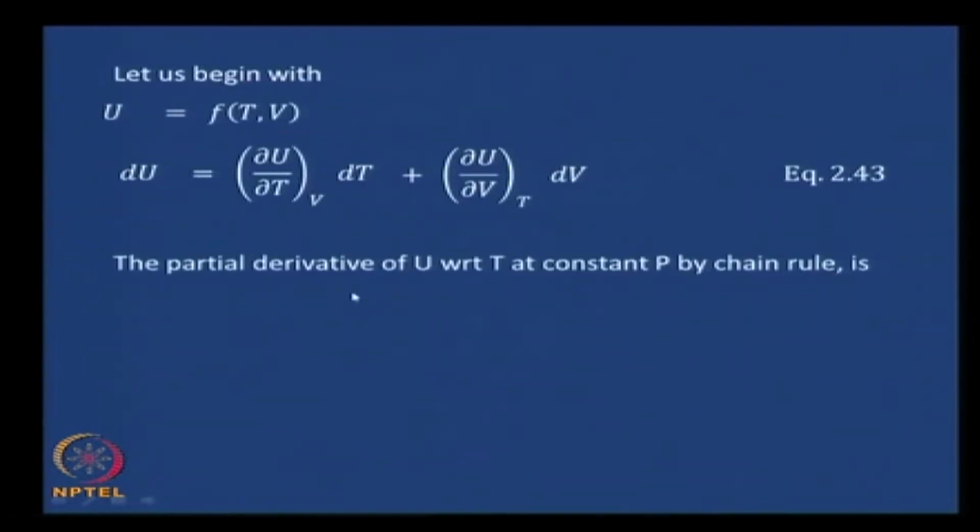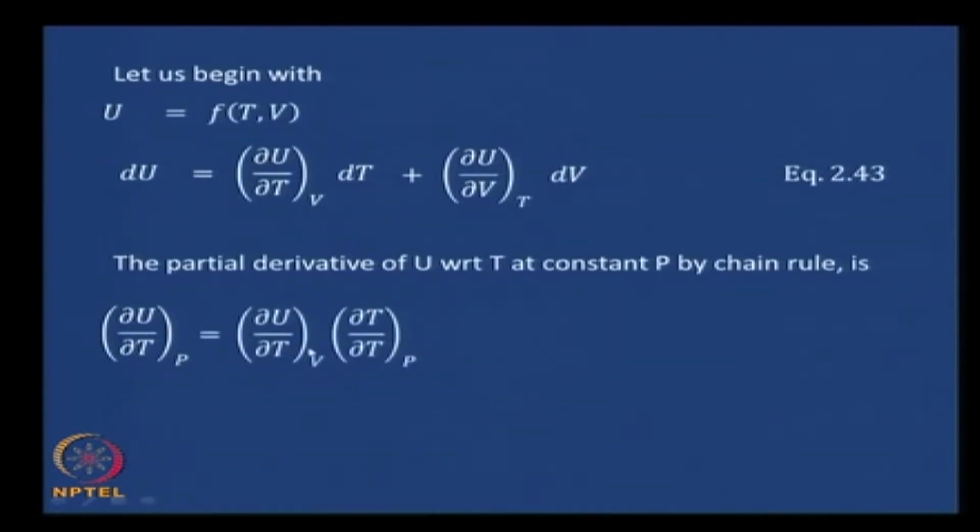Now, if we take the partial derivative of u with respect to t at constant p, then by using the chain rule we have dou u dou t at constant p equals dou u dou t at constant v dou t dou t at constant p, plus dou u dou v at constant t dou v dou t at constant p. You can all see that dou t dou t goes to 1.